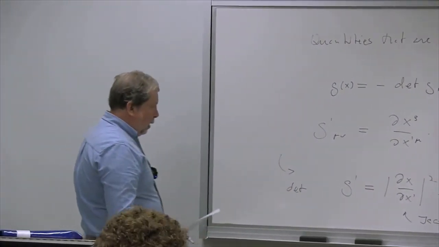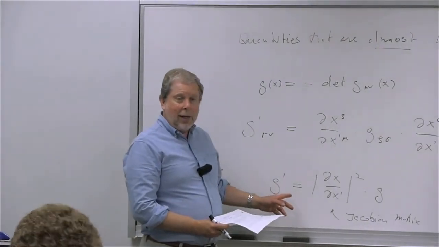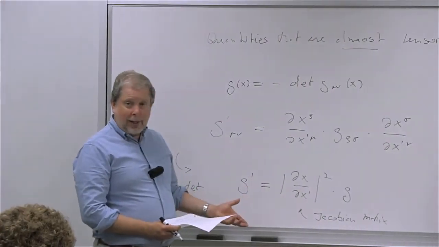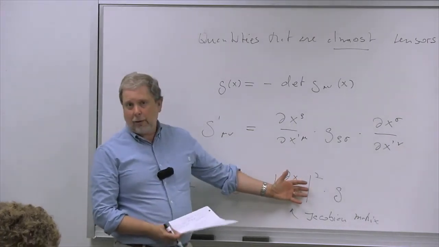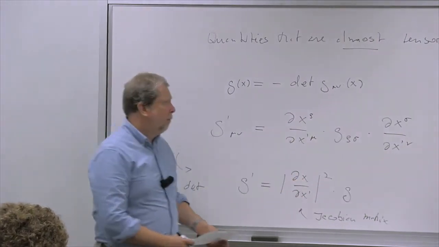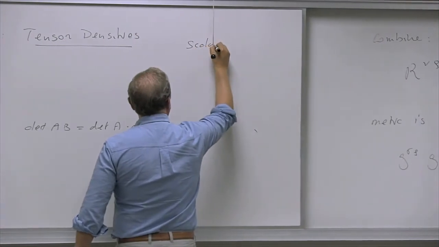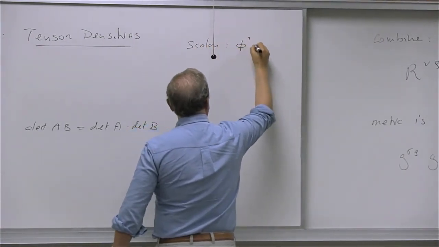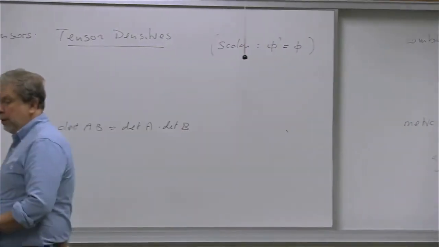So what this shows us, of course, immediately is that the determinant of g is not a scalar. Because if it was a scalar, then there wouldn't be this factor in here. It would be just 1. A scalar is that phi prime is equal to phi, it does not change at all when the coordinates change.